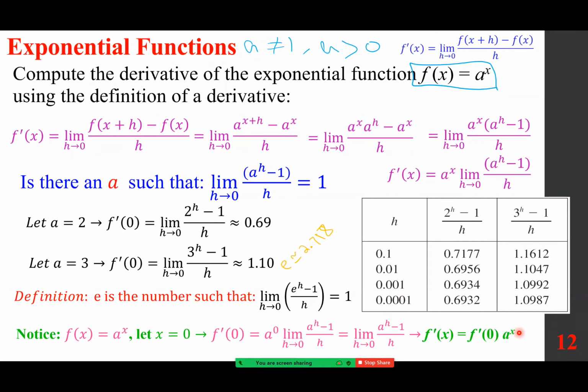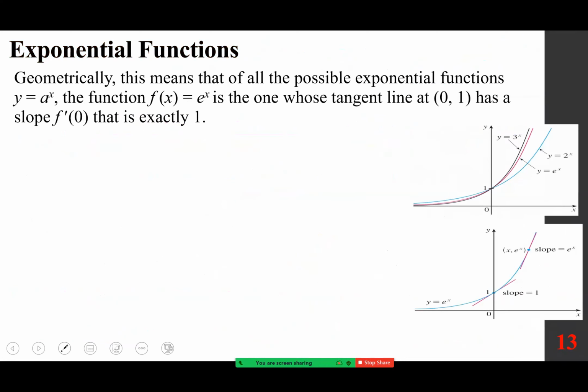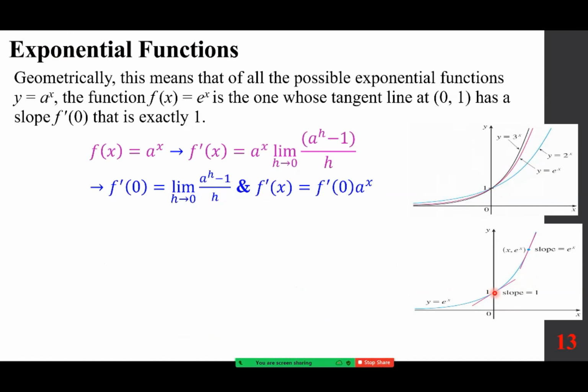The significance of this is that if you have different exponential functions, the only exponential function whose slope equals 1 at the intercept 0, 1 is y equals e to the power of x.